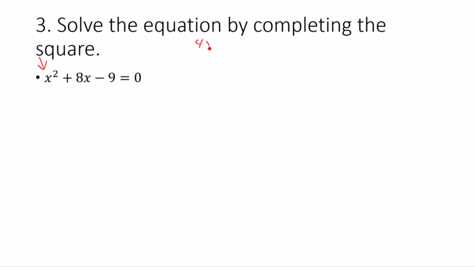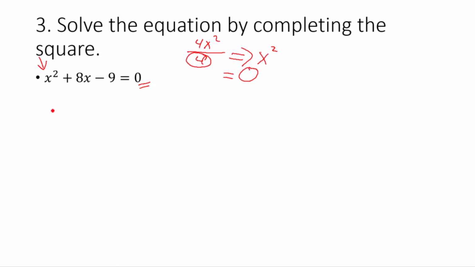If it were 4x squared instead, you'd have to divide that by 4 to end up with x squared by itself. And of course, you divide that 4 into all the terms, but we're past that. We've got 1x squared. Second, do you have a 0? Does it equal 0? Yes. So we're past step 2.